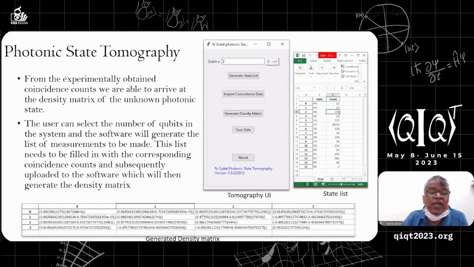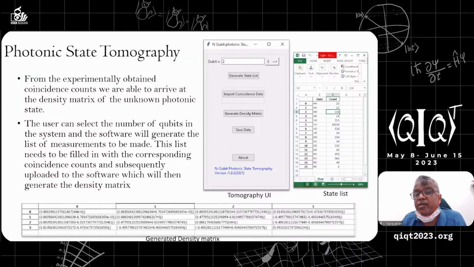You can see here various photonic states. We have used various bases like HH, and on the right-hand side, horizontal and vertical, right circular, left circular, diagonal, anti-diagonal. One is able to reconstruct using appropriate coincidence projective measurements.